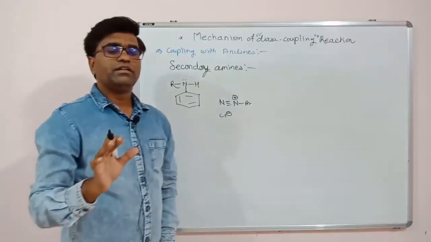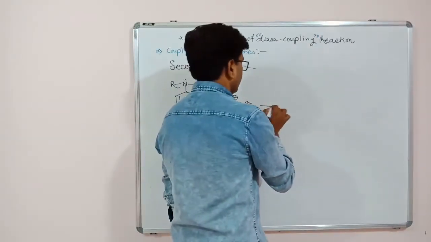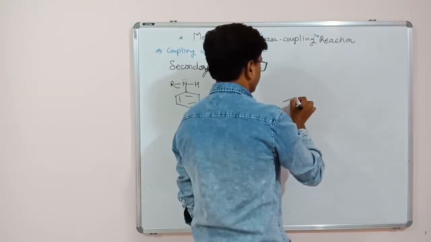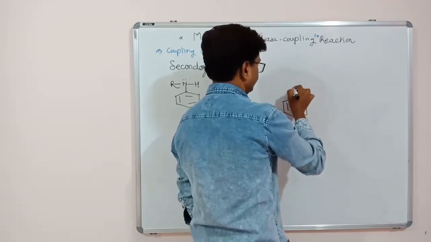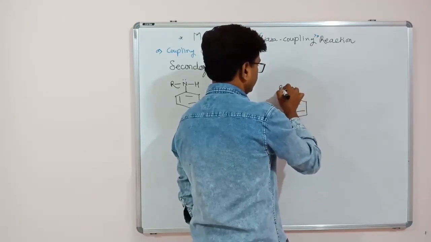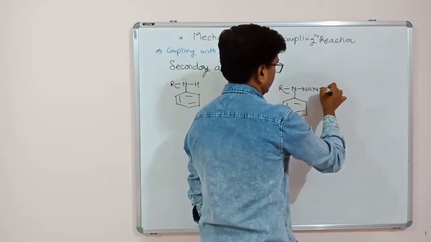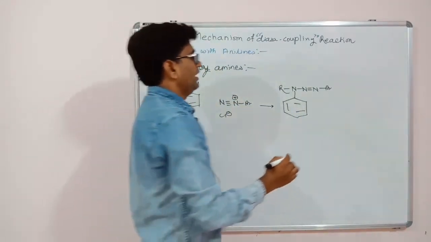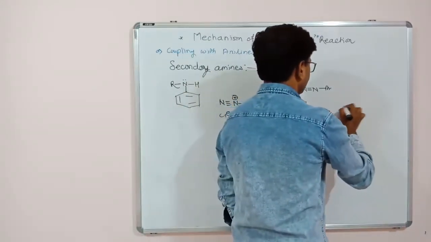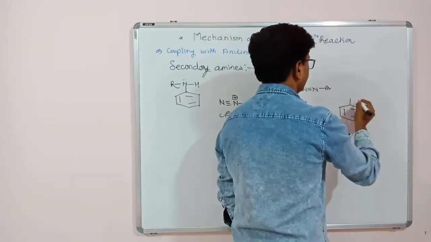So we will get a mixture of two products, that is, an N azotization reaction, an N azo compound as well as a C azo compound. So this is the N azo compound, and secondly we will get the C azo compound. Mechanism already you know.